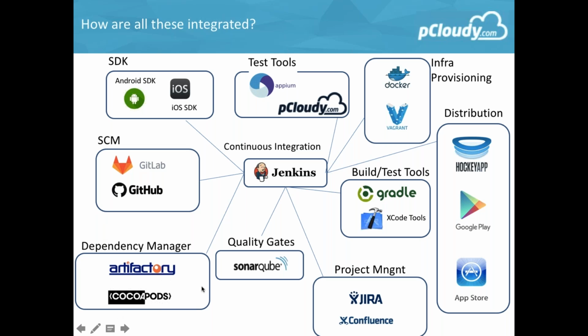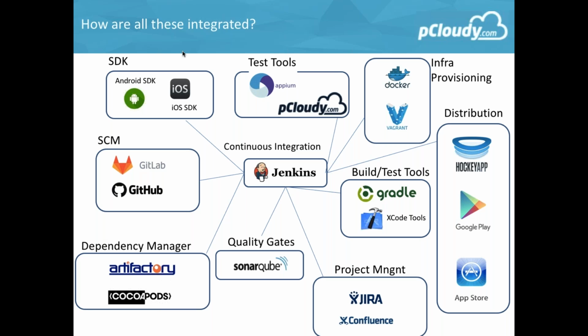There is an area in the dependency manager where the code is checked from its dependency perspective. At the unit stage, there are quality gate tools like SonarQube, or there are other code coverage tools which can be used. To build, Gradle or other Xcode tools can be used. I just wanted to focus more on the test side of it. So we talked about two key elements of testing.